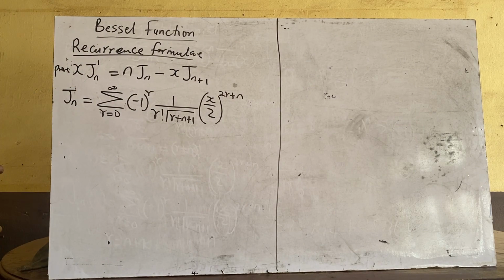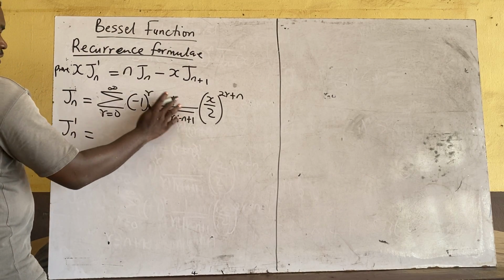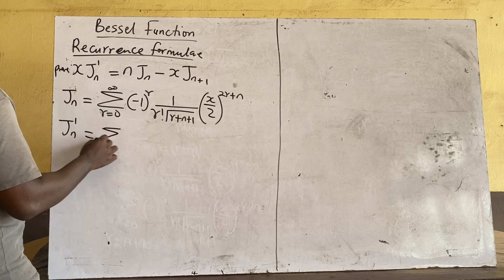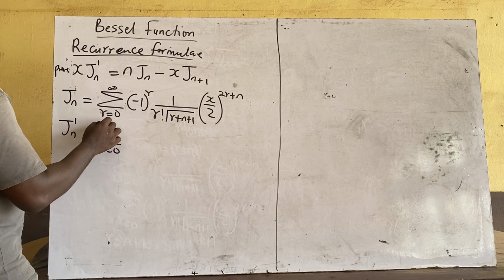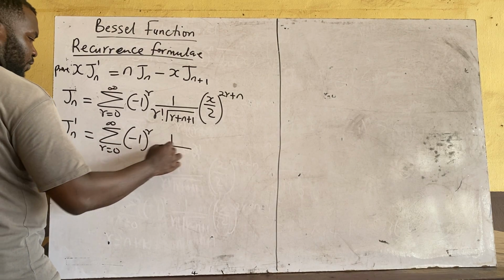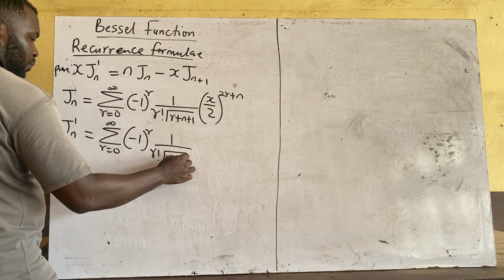So the next thing we're going to do is to differentiate, because this one is differentiated. If I differentiate J prime of n, I'm differentiating with respect to x, so everything that does not have x is a constant. From here to here, they are all constants. So I'm going to have the summation of r starting from 0 to infinity of minus 1 raised to power r, 1 over r factorial, the gamma function of r plus n plus 1.